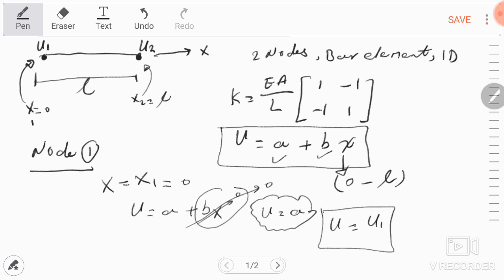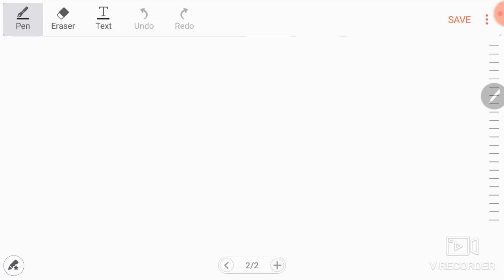So now go to node number 2. Let's see what is the difference.